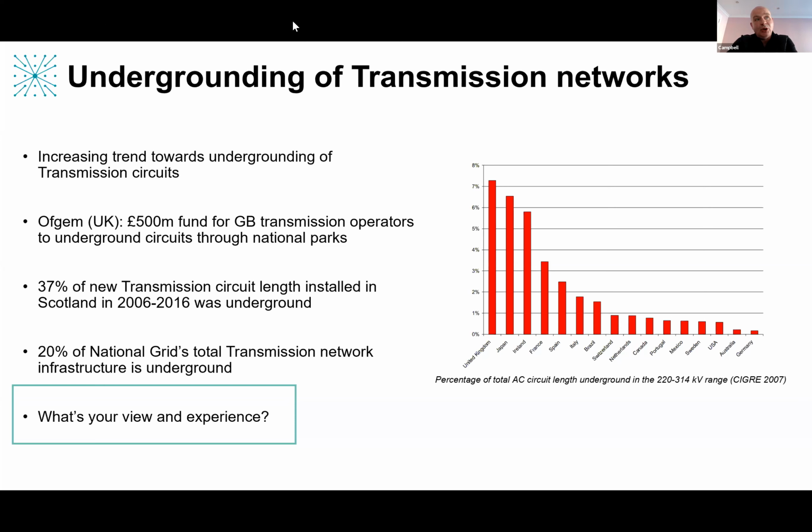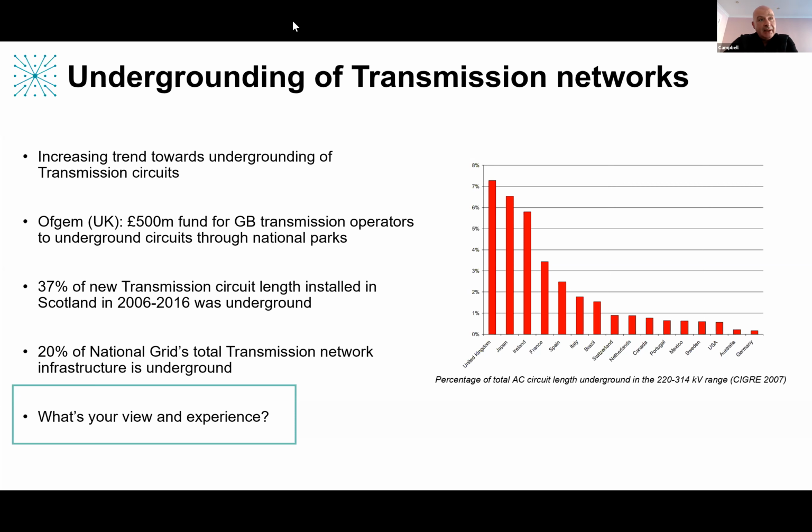Ofgem, again going back a few years, there was a £500 million fund which the transmission system operators were using to underground circuits through areas of outstanding natural beauty. I'm also aware personally of a number of long circuits in the UK where there are several sections where the cable section is either underground or maybe in a bridge or a tunnel as it passes through certain areas.